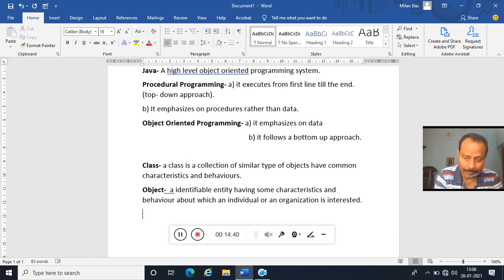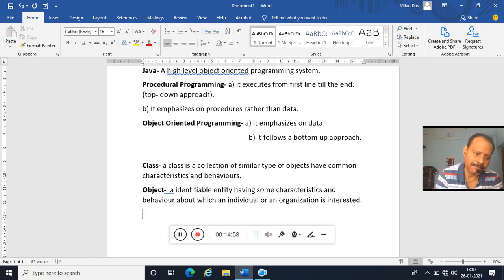But when you buy some stone chips for building, then one single piece of stone chip is also important for you, because at that time the stone chip is something in which you are interested.